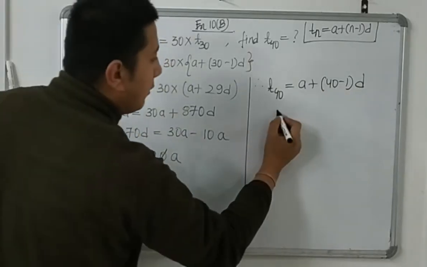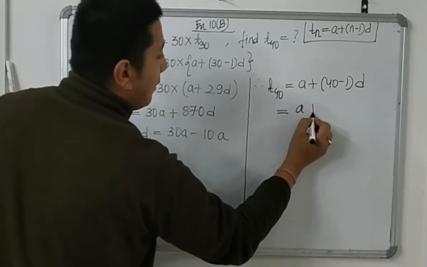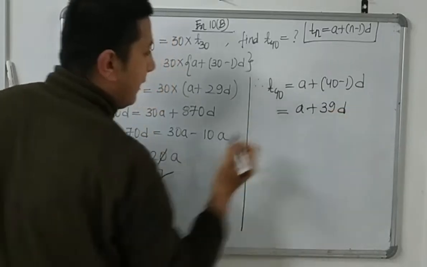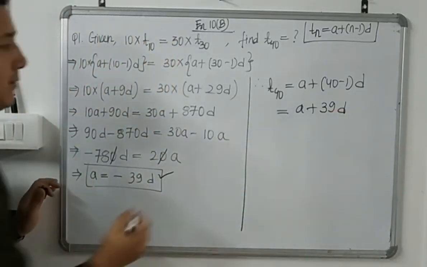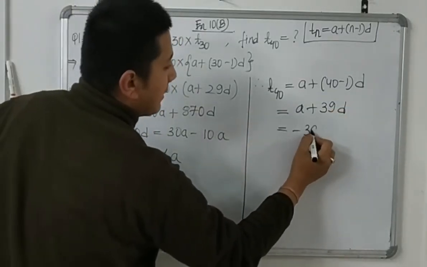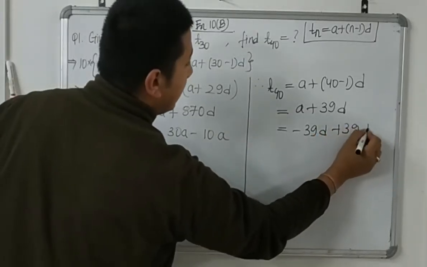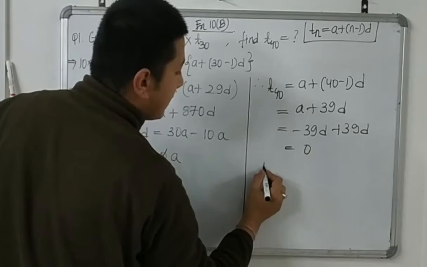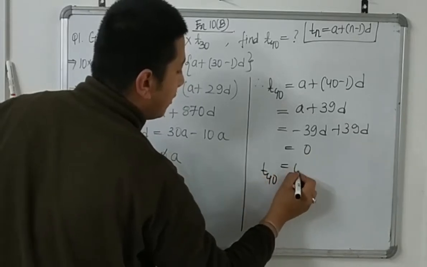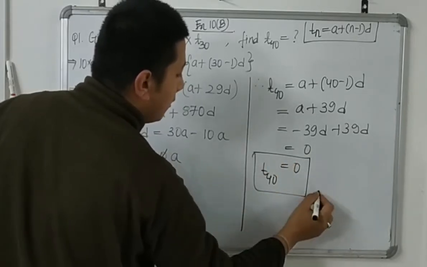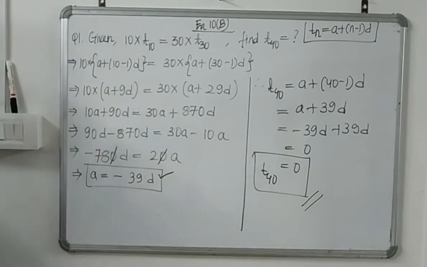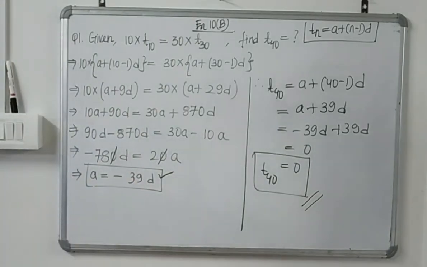So which will give you a plus 39d, right? So what is the value for a? Minus 39d. So put the value. So minus 39d plus 39d, which will give you 0. So hence the value for T40 is how much? 0. The 40th term is 0. Okay, so pause the video, note it down.